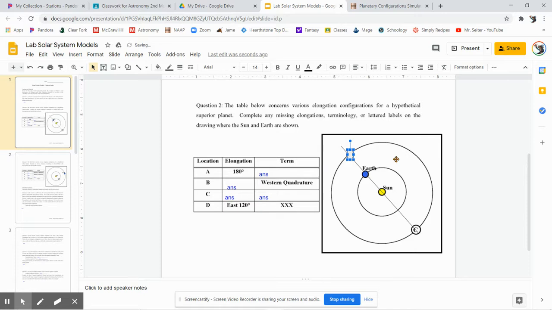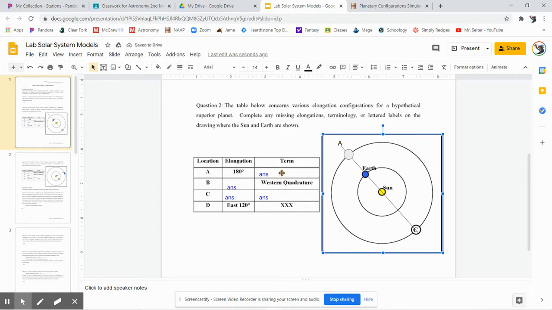That's close enough, and we're going to call that A. There we go. So that's A. We'll put a little text box right here. Boom, you put in the letter A. There's A.